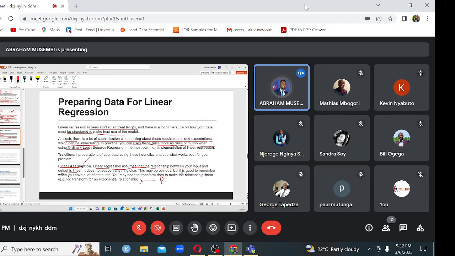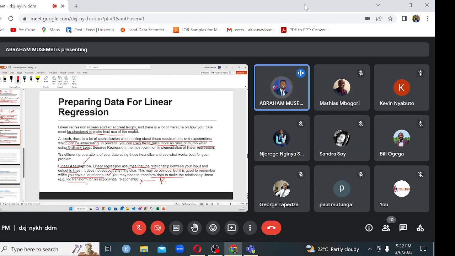This may be obvious, but it is good to remember that when you use a lot of attributes, you may need to transform your data to make it follow a linear relationship. These are examples of transformations you can use. You can use log transformation for any exponential data.